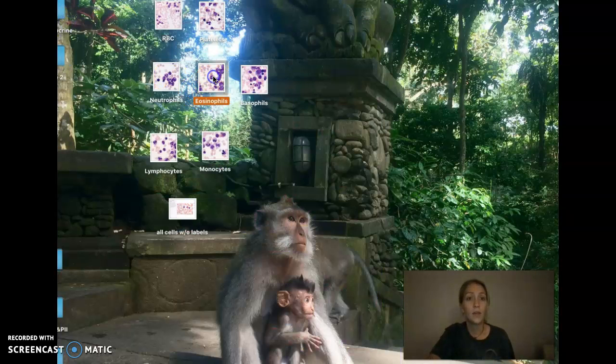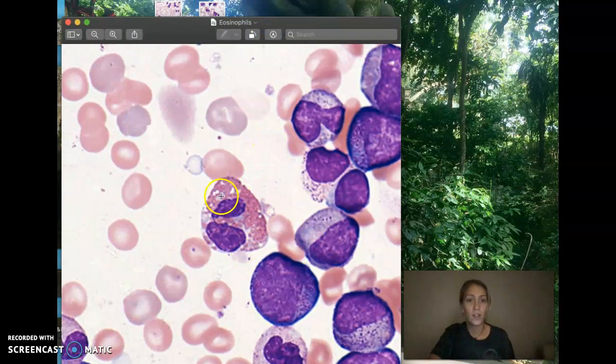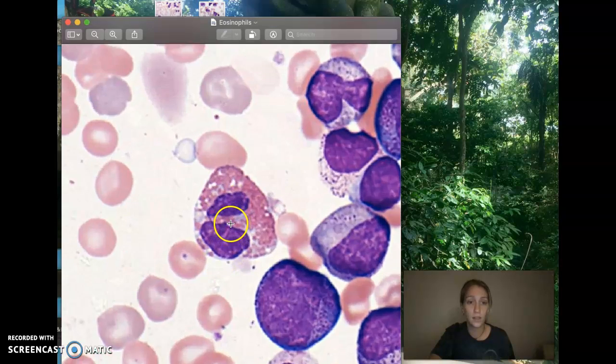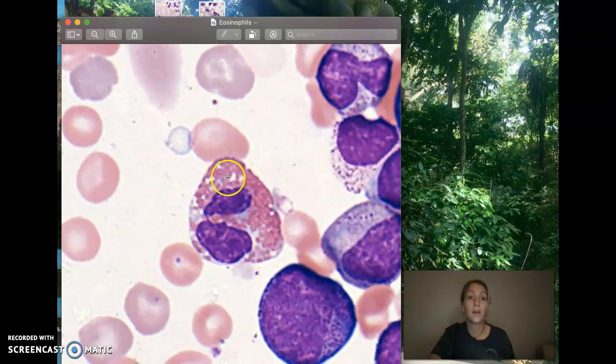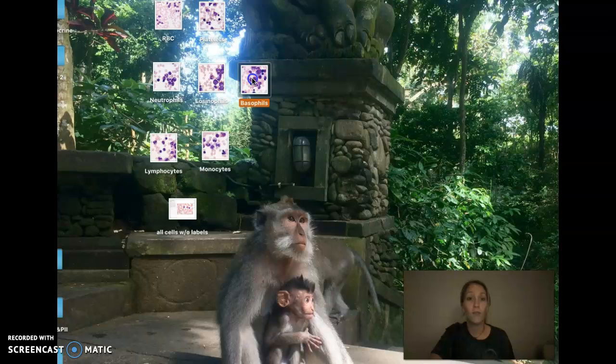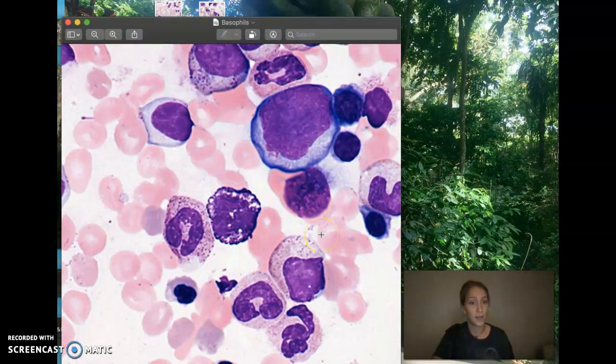Next we have eosinophils, which are pictured here. These have 2 lobes, as you can see. In the cytoplasm, they also have granules that are large, uniform in size, equally spaced, and they show up red-orange, dyed with acidic dyes. Then we have basophils, which, as the name suggests, are stained with basic dyes.